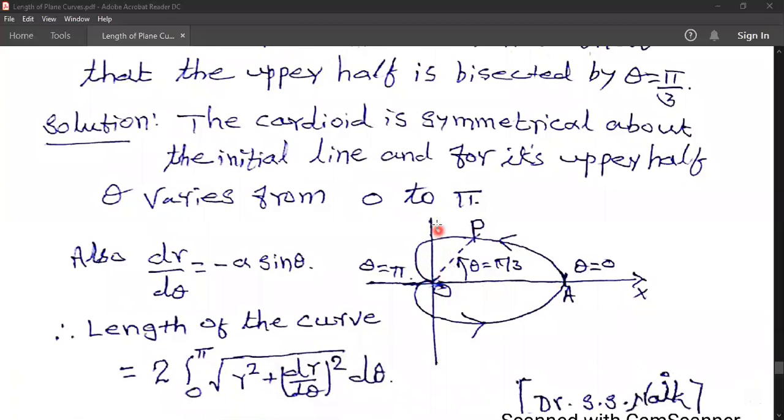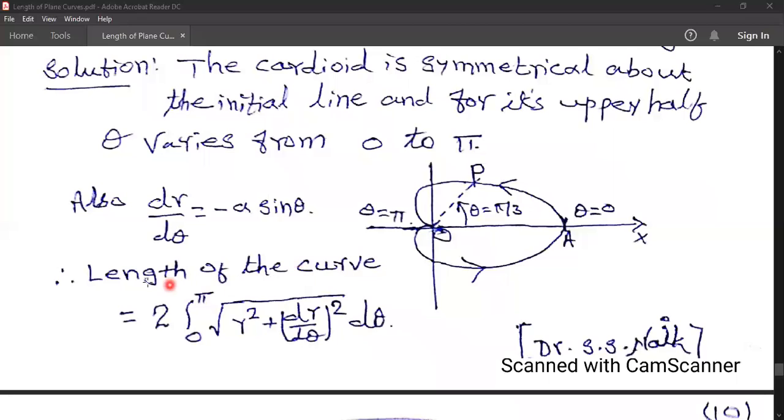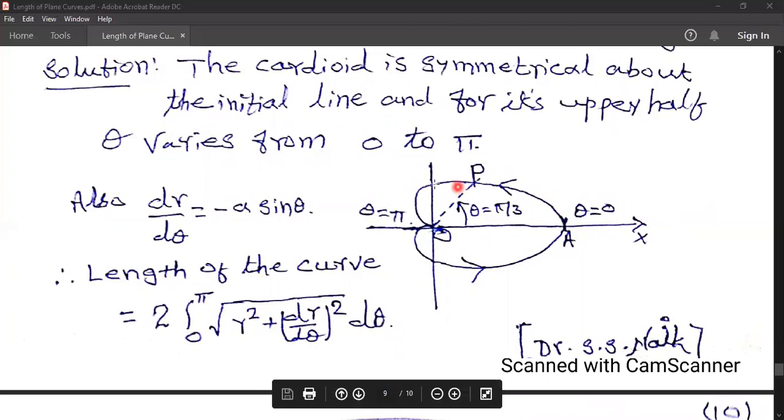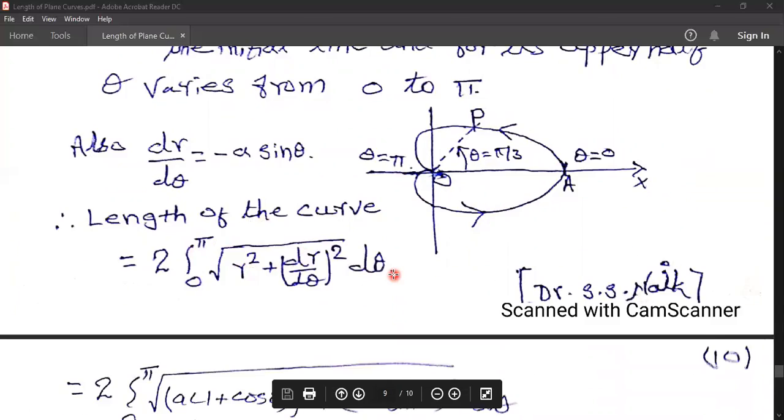First we'll find the derivative of the cardioid, that is dr by d theta is equal to minus a sine theta. Then the length of the curve: because we want to find the entire length, this becomes 2 times the integration from 0 to pi of the square root of r square plus (dr by d theta) square into d theta.